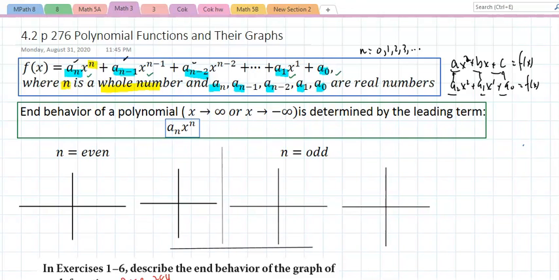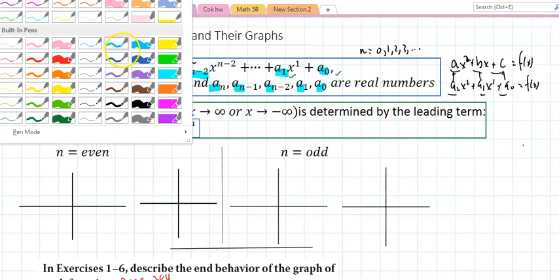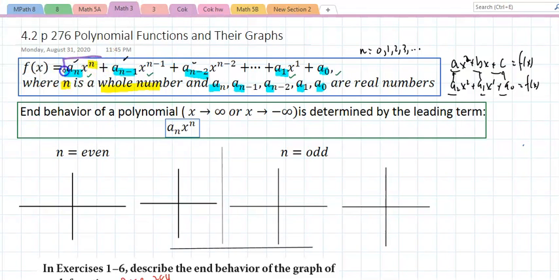It turns out a key to this whole set is the leading term. A key to this entire graphing business is the leading term. The end behavior of a polynomial, as x grows very large or very small, reaching to positive infinity or negative infinity, is determined by the leading term.